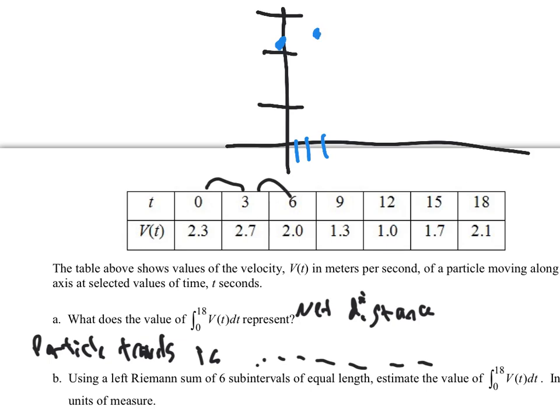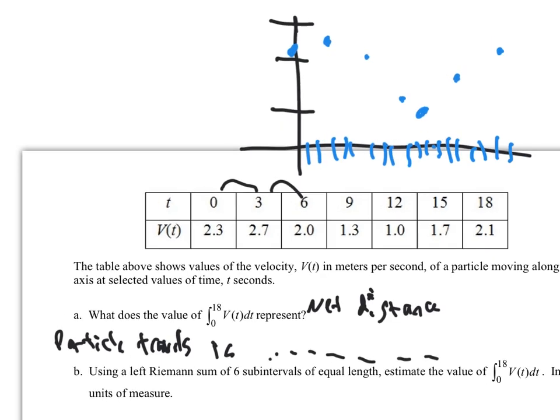And then 6, 3, 4, 5, 6, up to 2.6. So you see what's happening here. 9, 6, 7, 8, 9, 1.3 goes down to there. 9, 10, 11, 12 goes up to 1. 13, 14, 15 goes up to 1.7. And then 18, that's 16, 17, 18 goes up to 2.1. That goes back up to here. So those are all just pieces, and I'm going to use that picture in just a second.